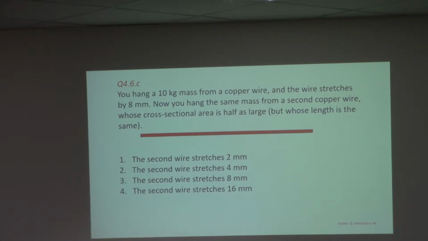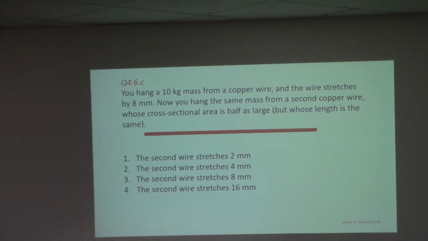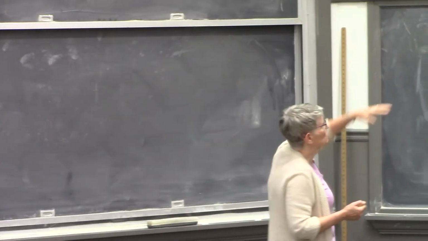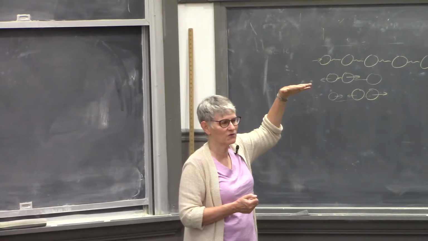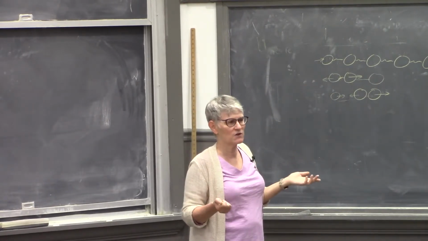So what have we done to the number of parallel chains? Yeah. So how far is it going to stretch? It's going to stretch twice as much, isn't it? Because we have half as many parallel chains supporting this weight. So each one has to support twice as much as it did before. So it's going to stretch twice as much.